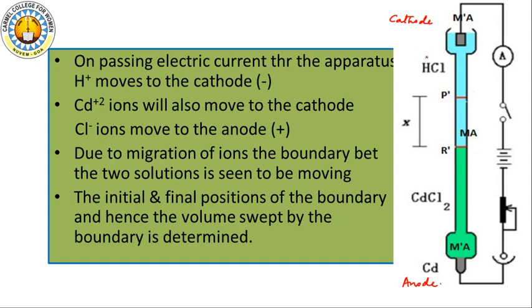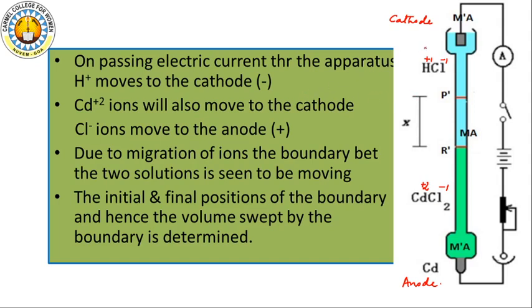Here we have H plus ions and Cl minus ions. We have cadmium ions and chloride ions. Cadmium will be Cd2+ and chloride is Cl minus. Similarly here we have H plus and Cl minus ions. These ions move towards the respective electrodes.